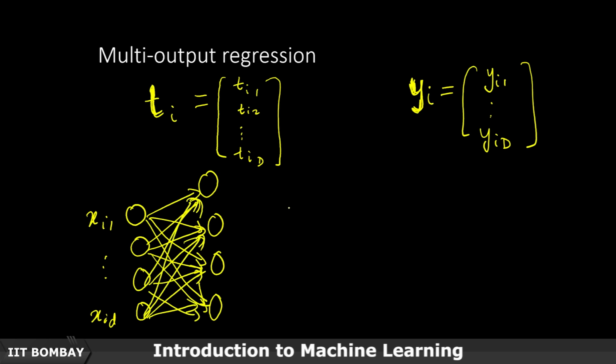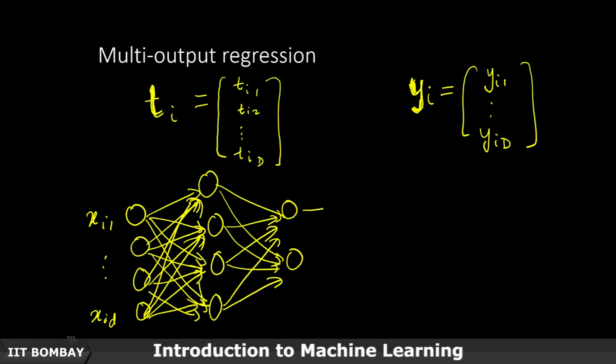And then we have yi, so yi1 and yi2. There are two outputs now, and each of these neurons in the hidden layer and the output layer have one bias each. So this is your yi1 and this is yi2 for the ith input.